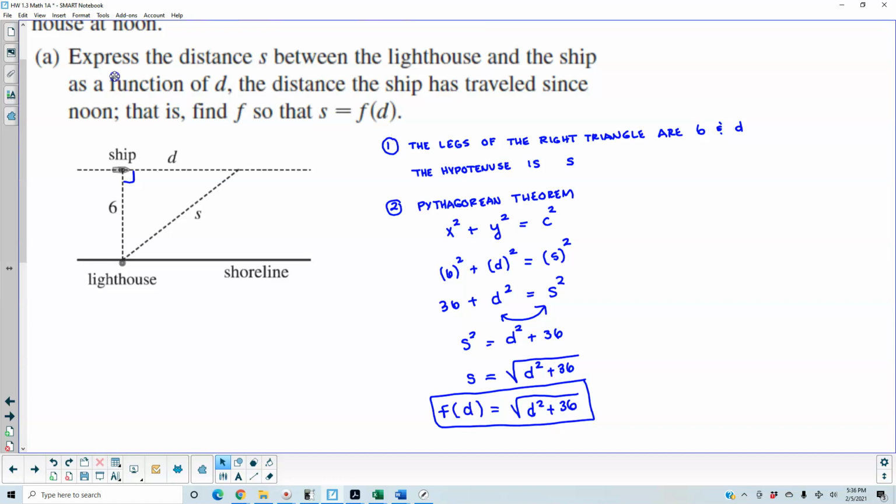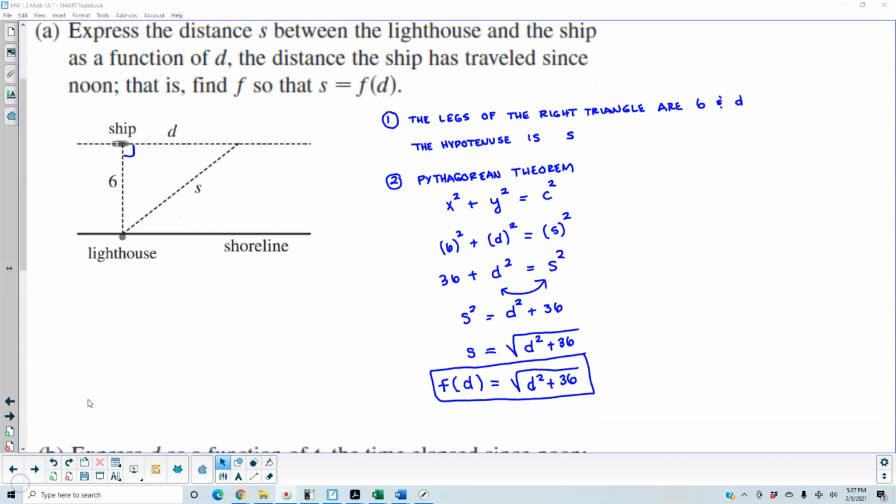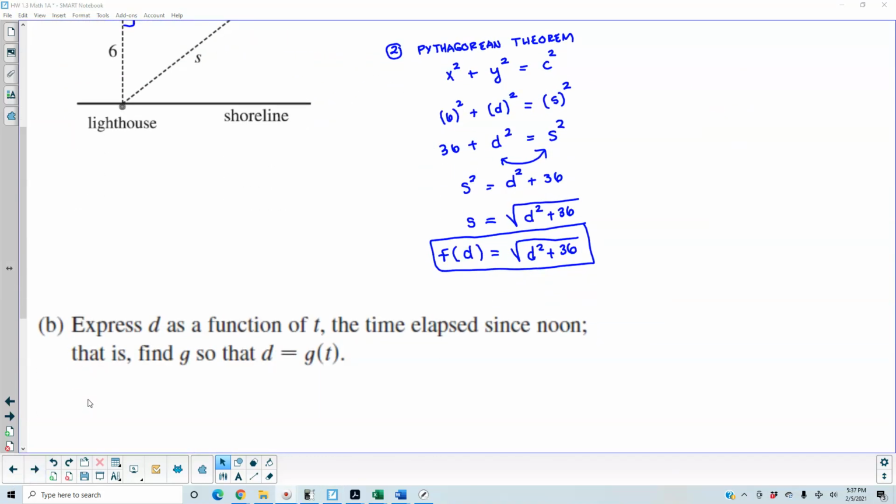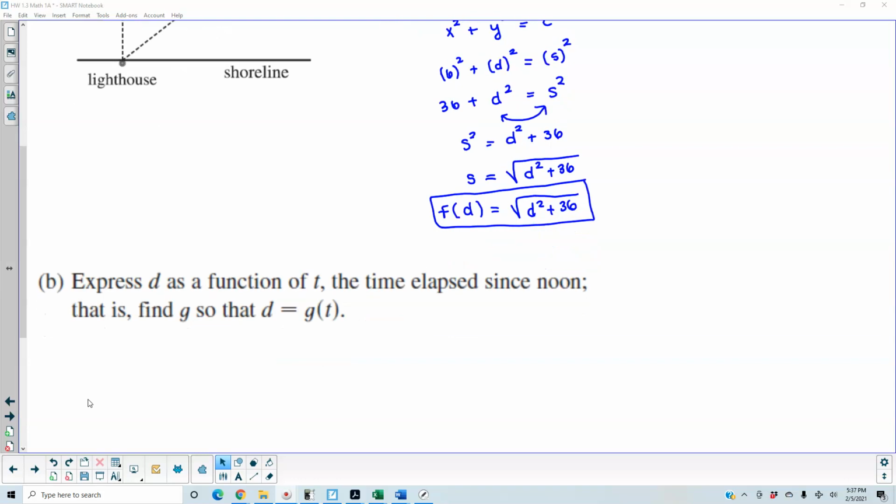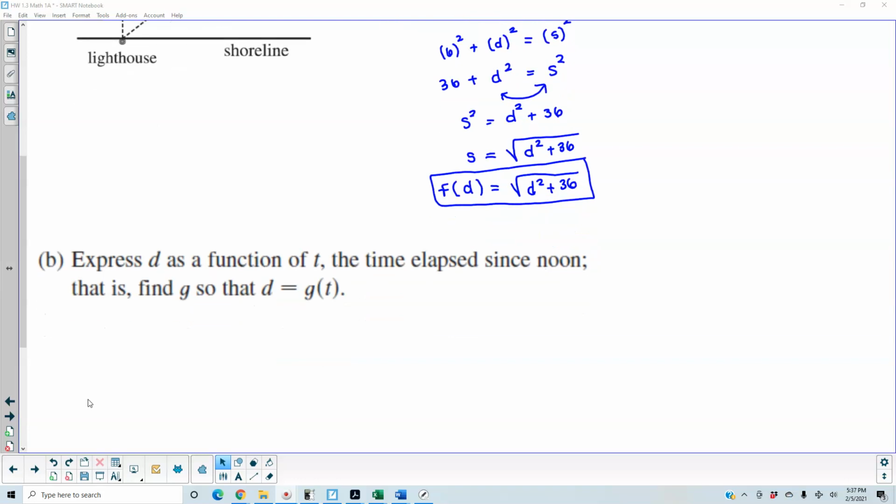So now we've answered part A because we've expressed a function in that form. So now in part B it says express D as a function of t, the time elapsed since noon, that is, find G so that D is equal to G of t. Well, recall that when we talk about distance, that's equal to the rate times your time.